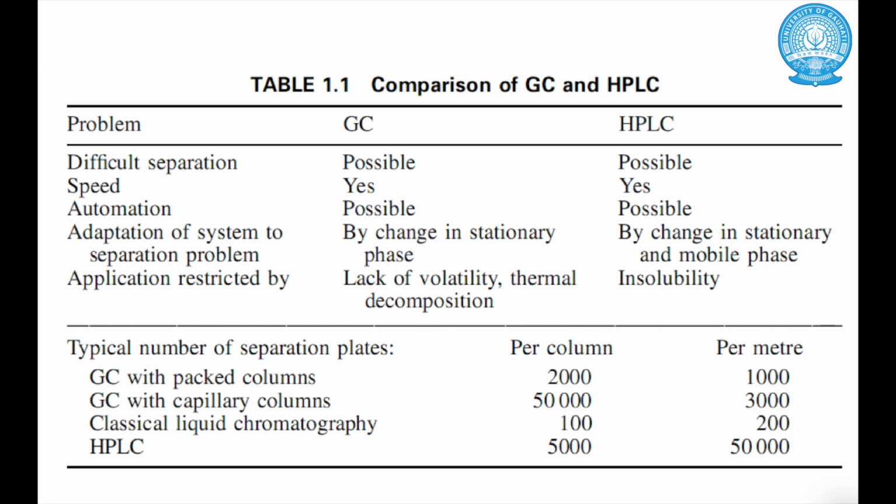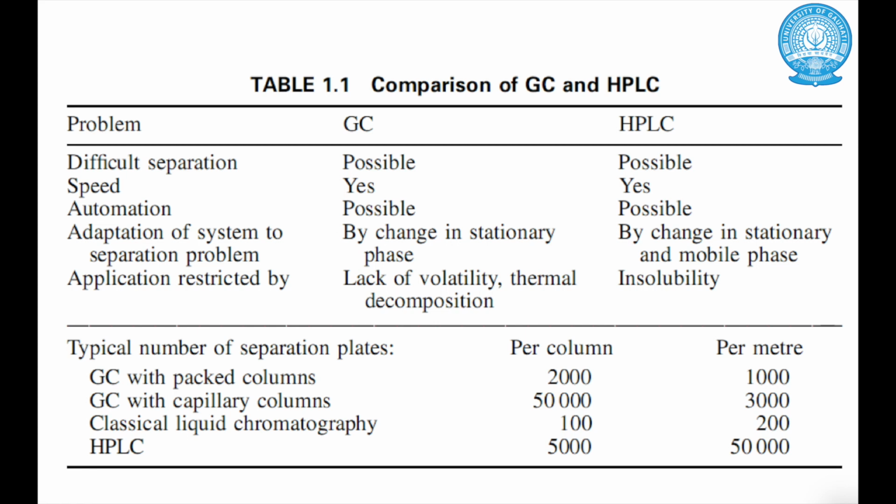Another point of comparison is the scale of application or scope of application of these two instruments. GC has application only when the compounds are volatile and not thermally decomposed, whereas in the case of HPLC the compounds should be soluble.